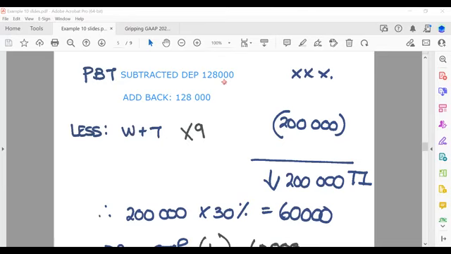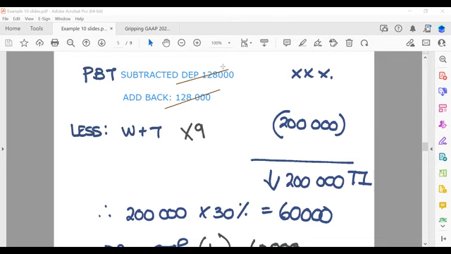Then when preparing our tax comp, we would add back depreciation of 128. So if we look at the effect of depreciation on our tax comp, if we're subtracting something and then adding it back, it's got nil effect on our tax comp whatsoever. So we don't even have to take the depreciation into account.